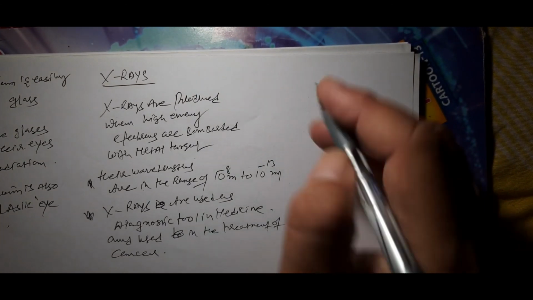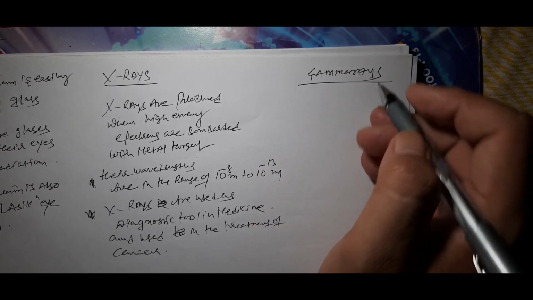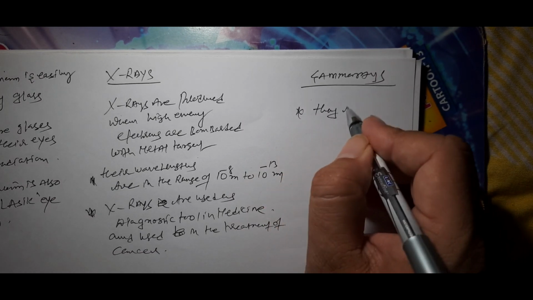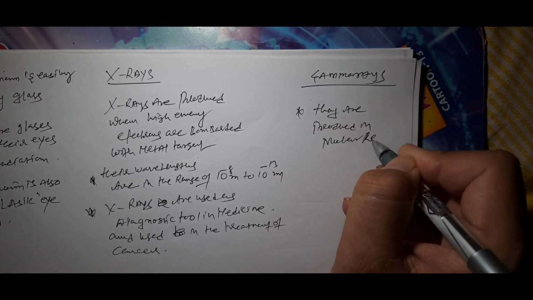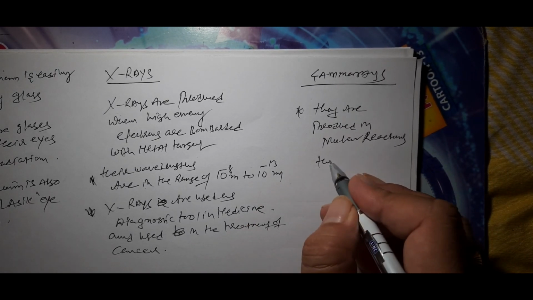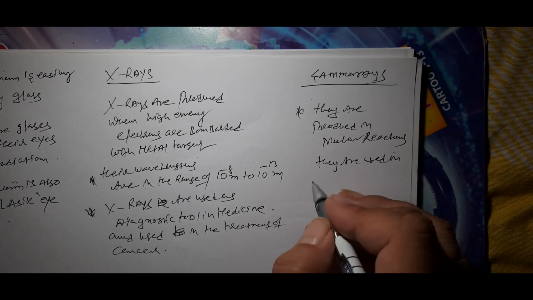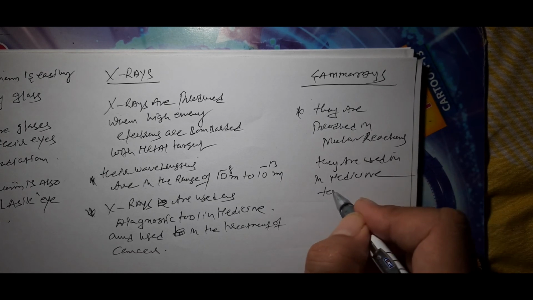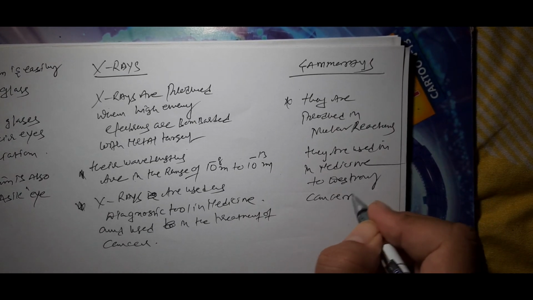Now we are going to discuss gamma rays. Gamma rays are produced in nuclear reactions, and they are used in medicine to destroy cancer cells.